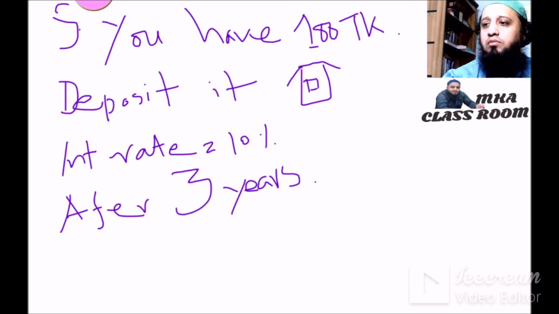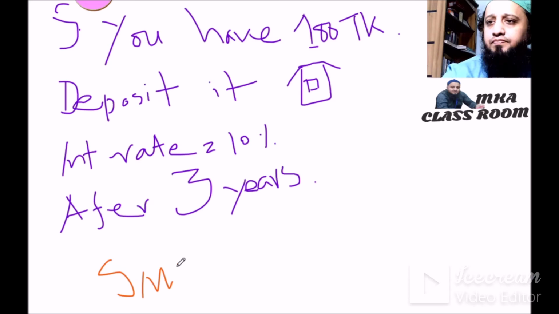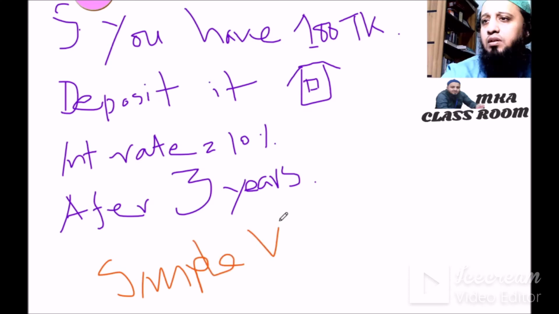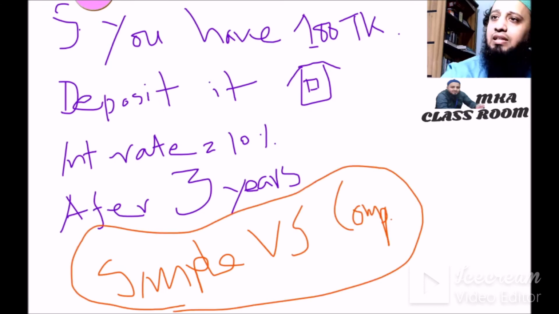And you have to compare your result using two mechanisms: the simple interest mechanism and the compound interest mechanism.